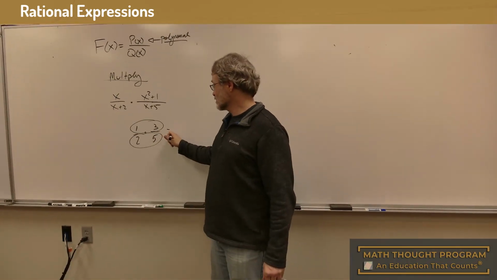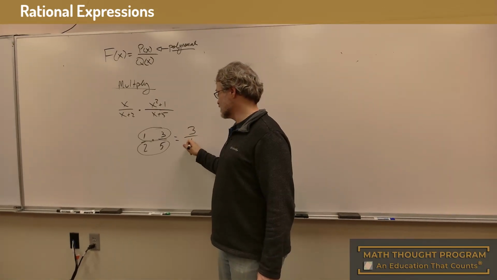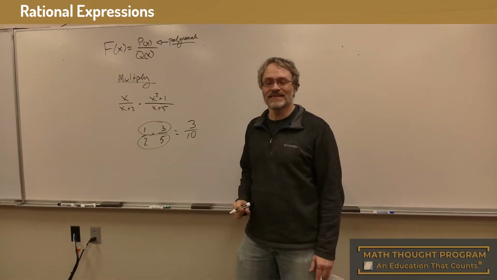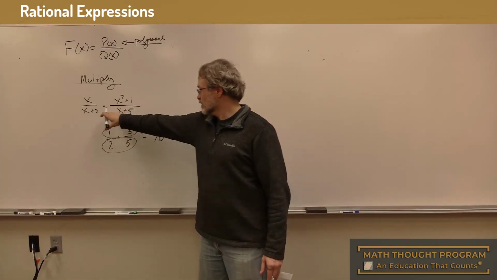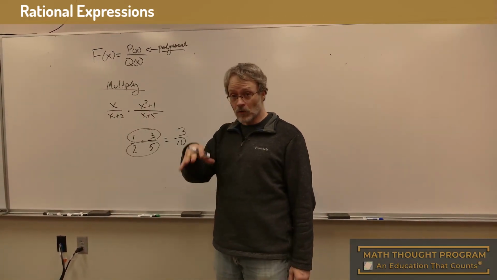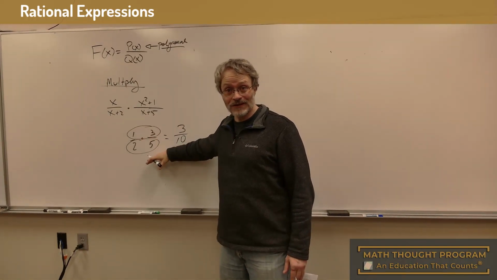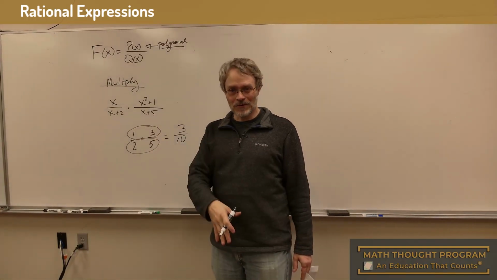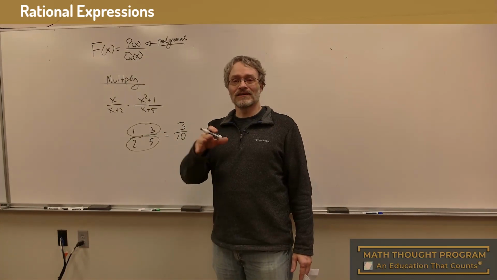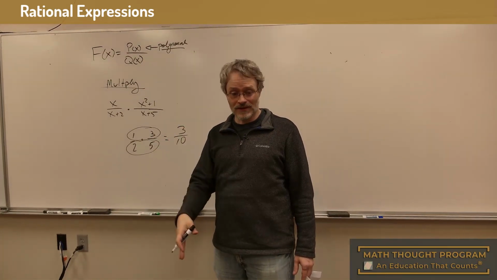So in this case, I get 3/10. And that's it. For this one right here, I'm going to multiply the exact same way I did with the numbers: numerator times the numerator, denominator times the denominator.